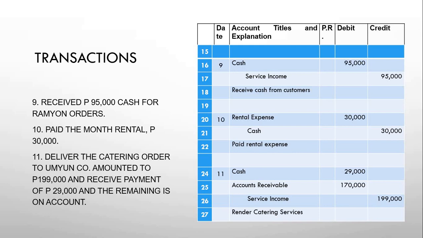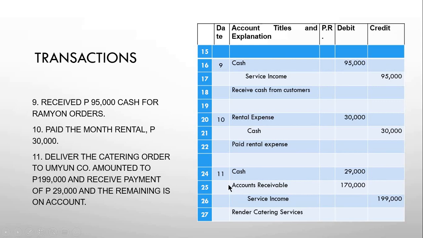No? That's 199,000 minus 29,000. So, meron pang 170,000 ka na collectible. So, that's an asset pa rin kasi you will collect that one in the future. Okay, so that's the right to collect in the future. And that right is an asset debited to accounts receivable.